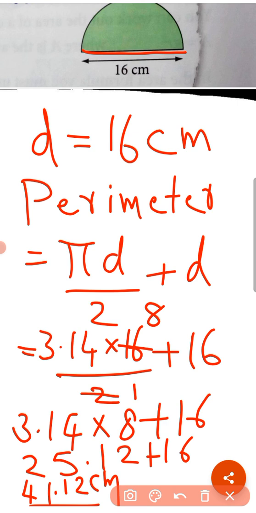We can divide 16 by 2, that is 8. 3.14 into 8 plus 16. 3.14 into 8 is 25.12 plus 16, that is 41.12 centimeter, since the given measure is in centimeter.